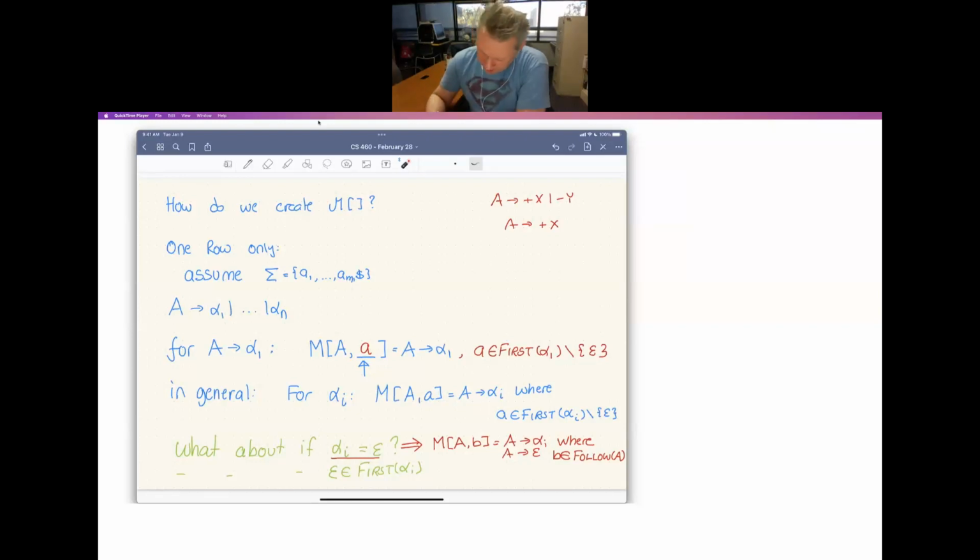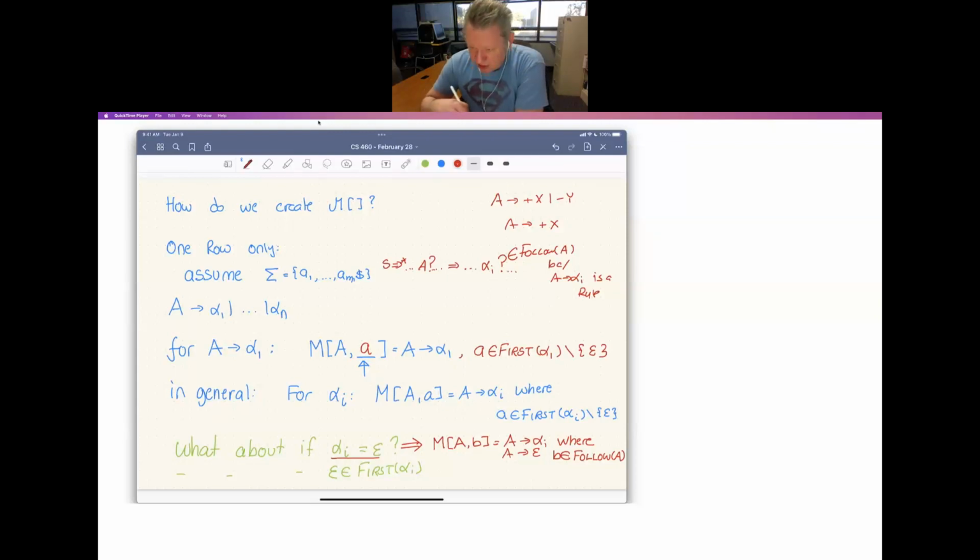And if you think about it, if I have some derivation that starts as S, takes a number of steps, gets somewhere, there's an alpha I, and then there's something here. That thing there is in the follow of A, because A goes to alpha I is a rule, right? Because what did this derivation look like in the step before? Well, it probably looked something like that. And that thing there is the same place.